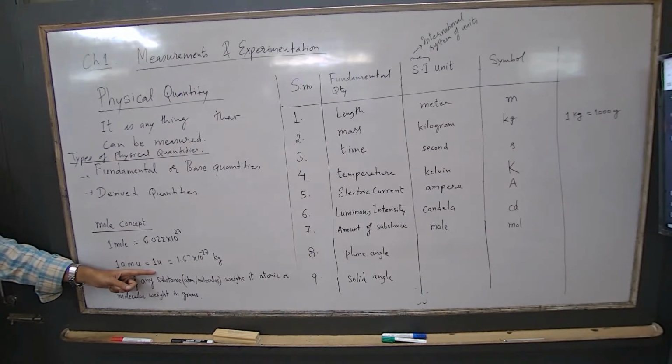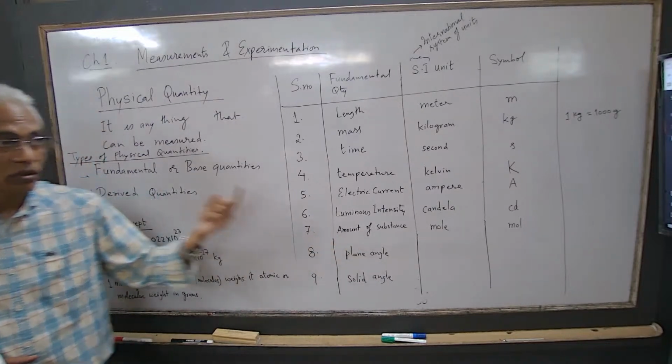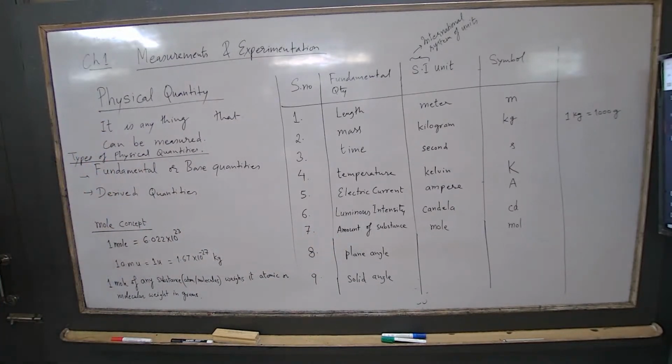You understand? A bunch of so many hydrogen atoms, 1 mole of hydrogen atoms, will weigh 1 gram. Now 1 gram is more relatable to us. So whenever we are dealing at an atomic level, we actually take some amount of substance, not just an individual particle. Is that clear?